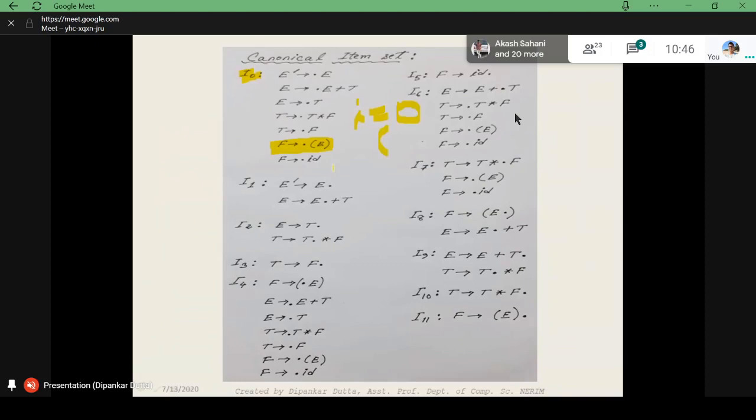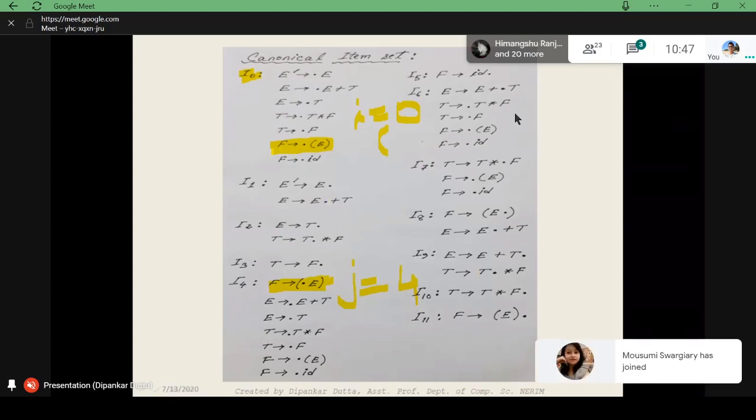Now what do we have to find? F implies left bracket dot E right bracket. Where is it available? In I4. In this particular production, we have advanced the position of the dot. So here j is equal to 4.